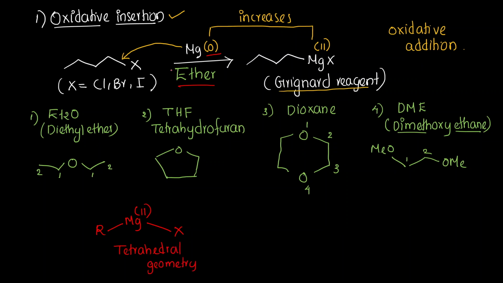So if we use ether as the solvent, consider this group as R and this group as again one more R, so this is like OR2. This magnesium will coordinate with two solvent molecules like this, and it can make a tetrahedral geometry. That's why when we prepare the Grignard reagent, we use ether based solvents.